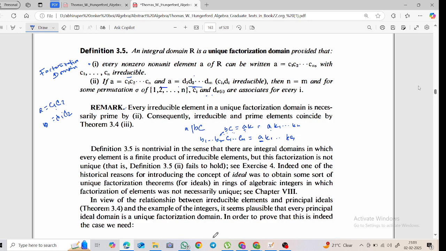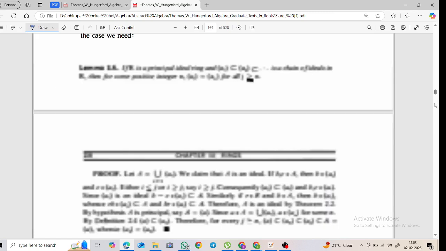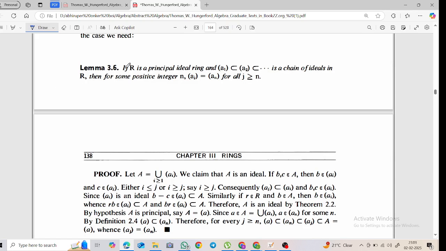So for the next point, an integral domain R is a UFD provided that, sorry, if R is a principal ideal ring and there is a chain of ideals in R, then for some positive integers the chain stabilizes.